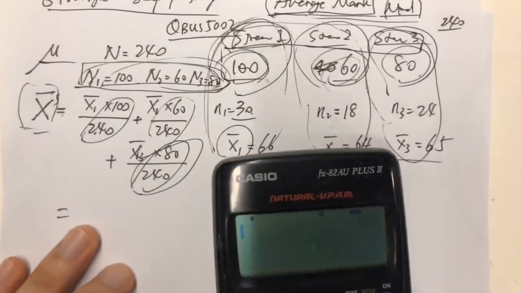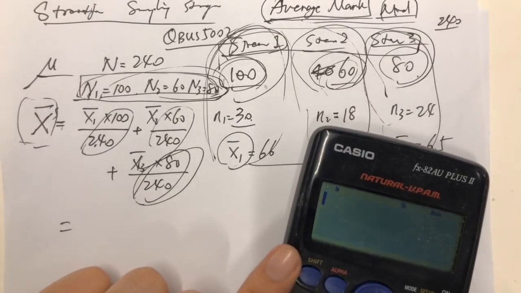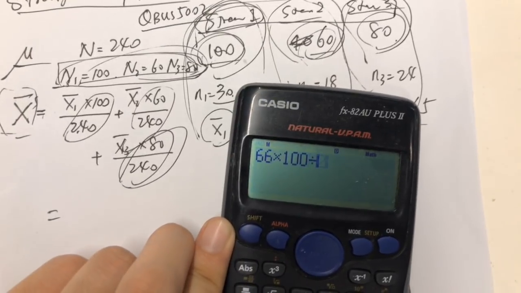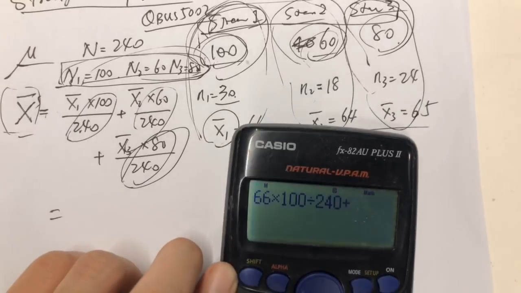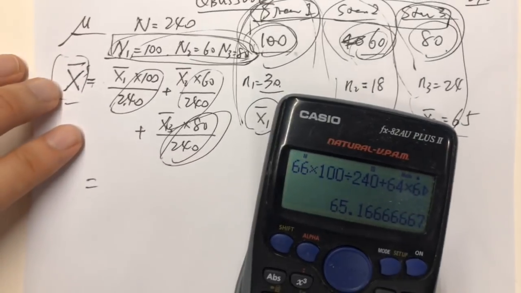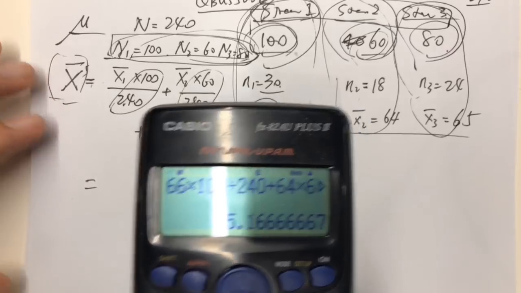Well, just do it: 66 times 100 over 240 plus 64 times 60 over 240 plus 65 times 80 over 240, which is 65.17, right?